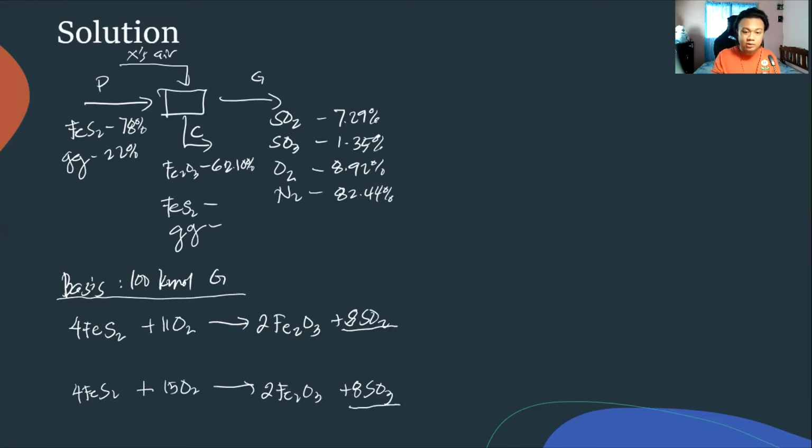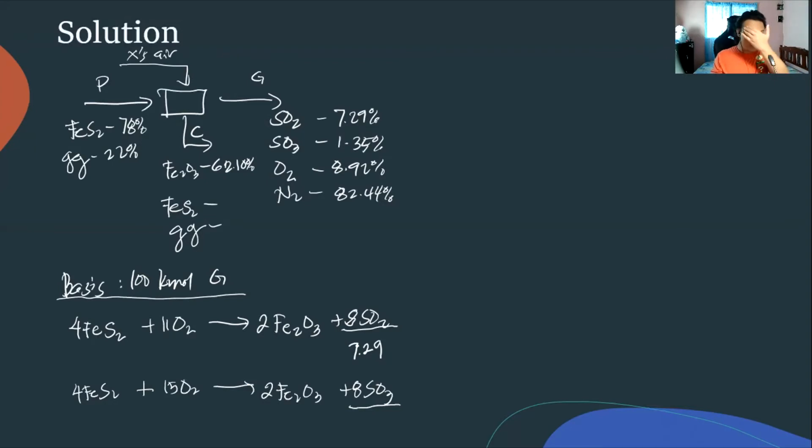You have to get the Fe₂O₃ and the FeS₂ using the main and side reaction. Okay, so we have in the gas, diba, 7.29 kmol of SO2. So we will put that here, 7.29. So that's the amount of SO2 that we have.